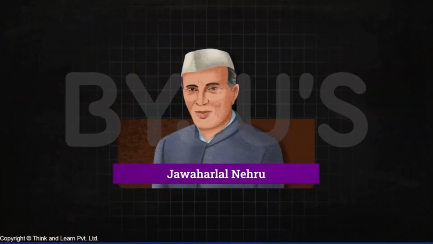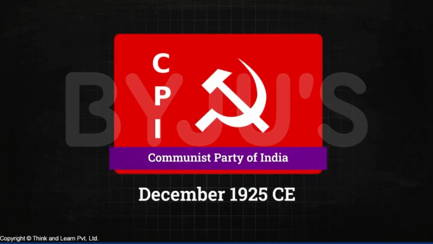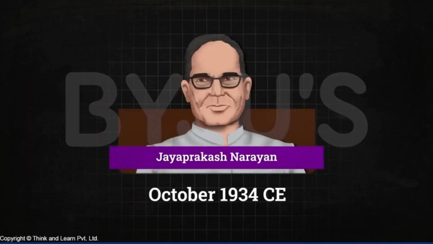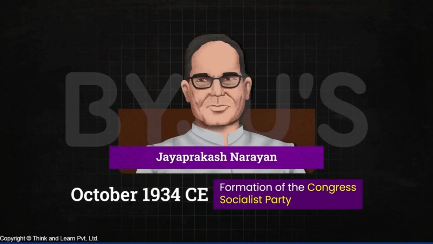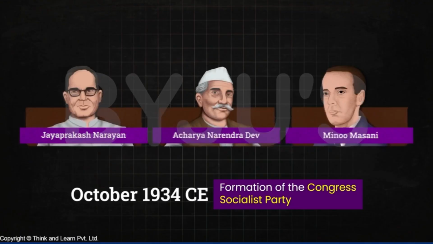While socialism was embraced by Jawaharlal Nehru and Subhash Chandra Bose in the Congress, there emerged two powerful parties of the left: the Communist Party of India in December 1925 and the Congress Socialist Party in October 1934 under the leadership of Jayaprakash Narayan, Acharya Narendra Dev and Minoo Masani.